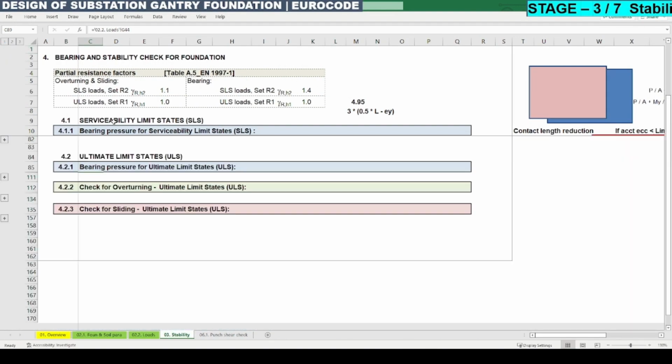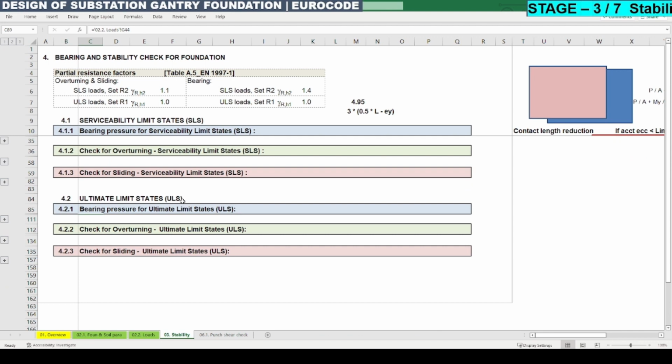Now this is all about the stability check for the foundation. These are the cases we have seen. Under the bearing pressure, the serviceability load cases, check for overturning for serviceability load cases, check for sliding for SLS cases. And coming to the ULS also, we can check the bearing pressure, check for overturning and check for sliding.